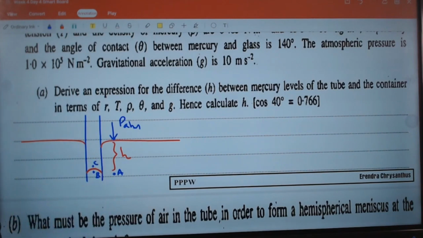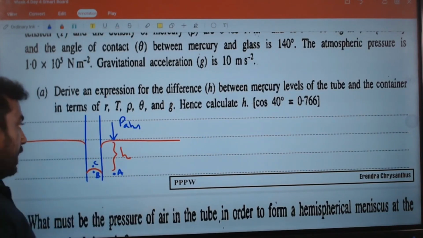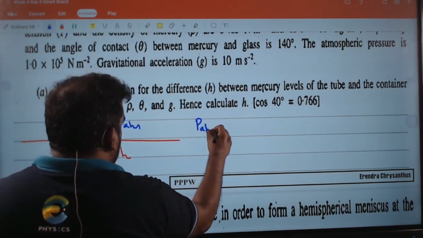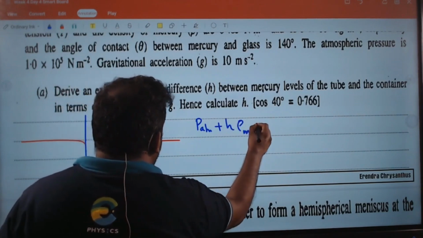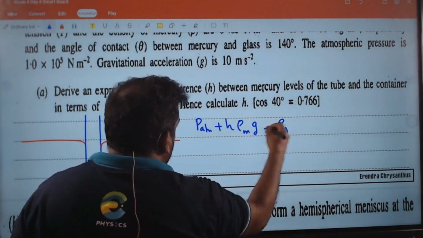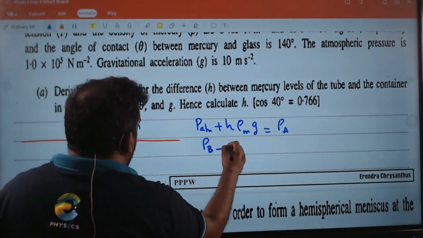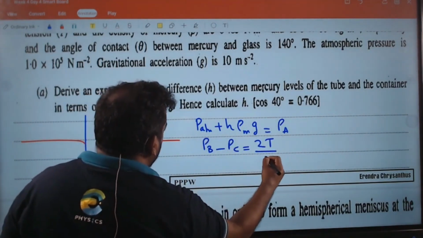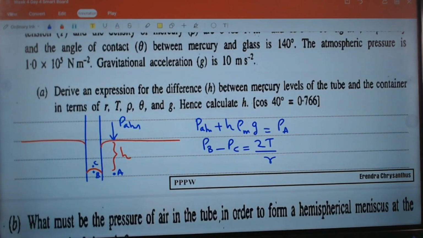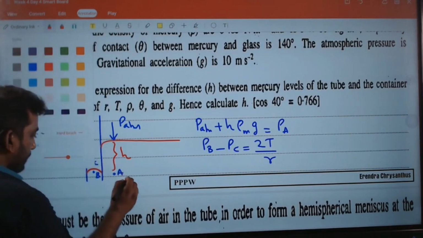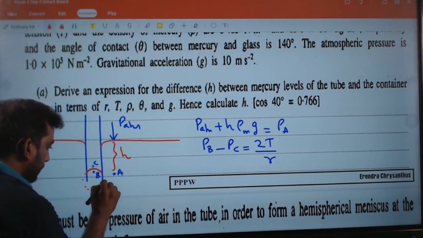If you look at this carefully, apply the pressure relation. P atm plus h rho mercury g is equal to the pressure at A. Also the pressure difference here, PB minus PC equals 2T over r. R is the radius of the imaginary bubble.